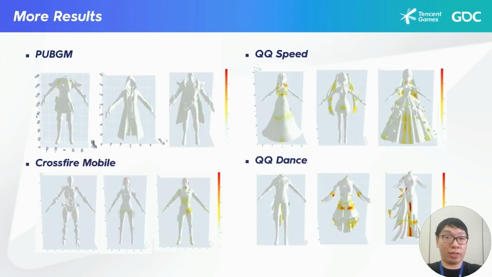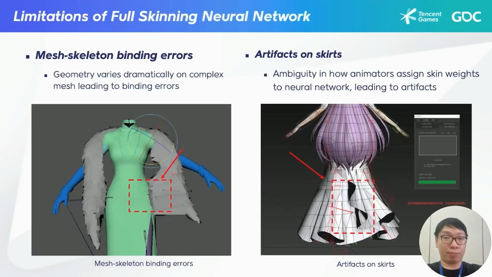Here are the results in more applications, including the games PUBG, QQ Speed, Crossfire Mobile, and QQ Dance. Most of them can achieve good results, except for a few complex meshes that create some corner cases, such as multi-layered skirts in the games QQ Speed and QQ Dance. So there are still some limitations.